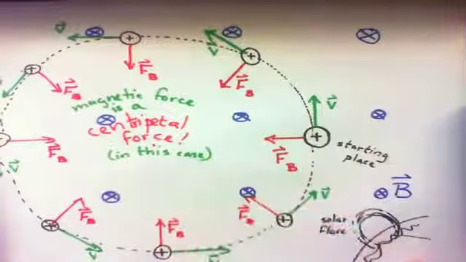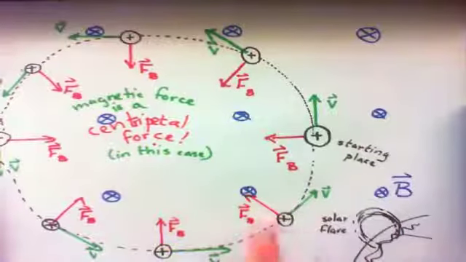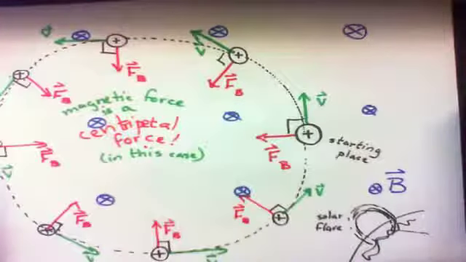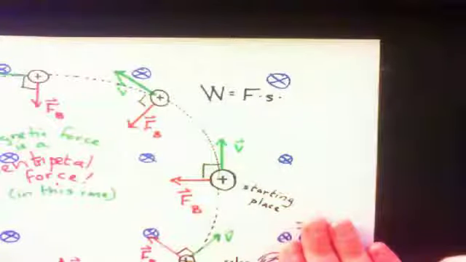Another thing to notice is that at every location, the force is perpendicular to the displacement of the particle. Okay, well, what does that mean? Well, this is going to seem like a non sequitur, but let's think about work. Work is equal to F times the displacement times the sine of theta. Now, let's think way back to what that theta means.